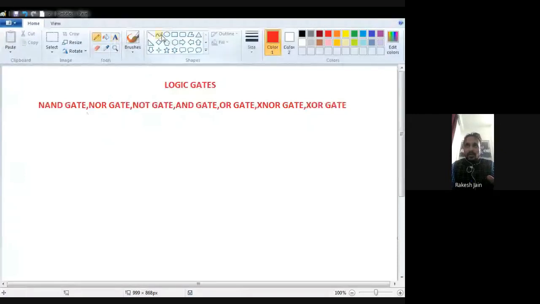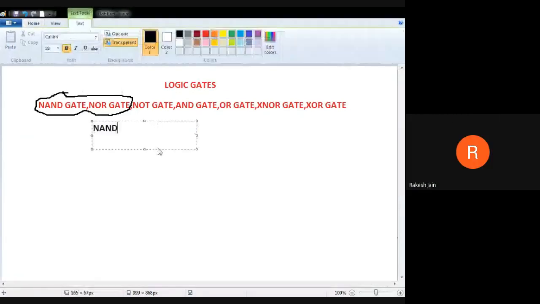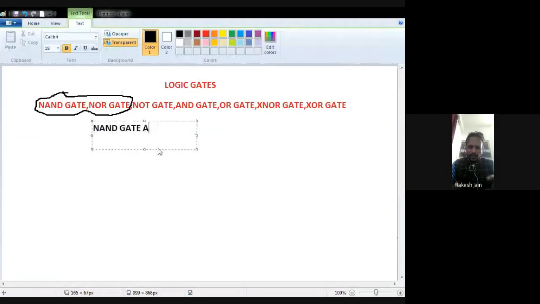OR gate, XNOR. Actually, it is known as exclusive NOR gate. When I will explain you, at that time I will write down the full name. Alright. NOT gate, OR gate, AND gate, NAND gate, NOR gate, XOR gate and XNOR gate.